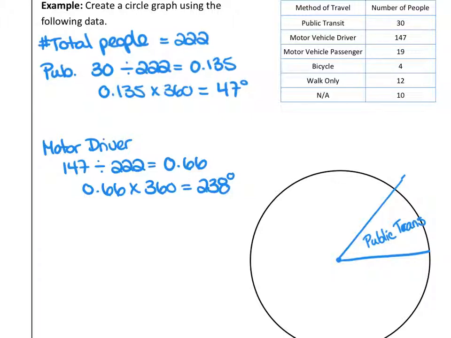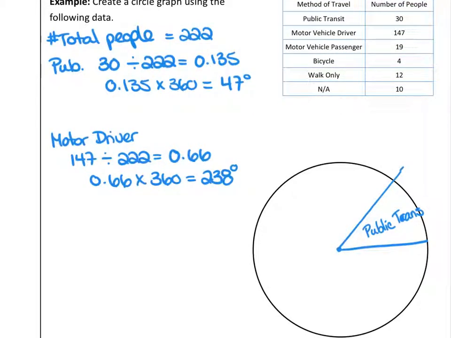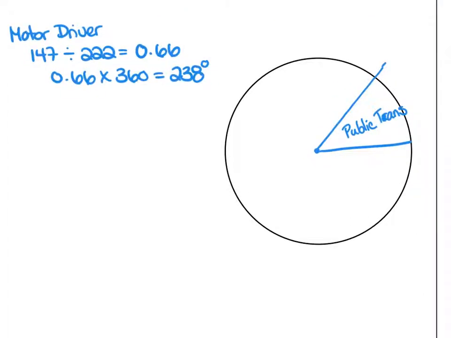And you'll line it up with the line that you just did. But because the protractor only does 180, I'm going to go all the way around to 180 and then add another 238 minus 180.